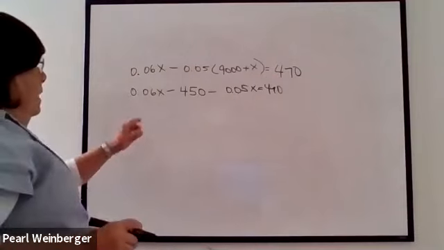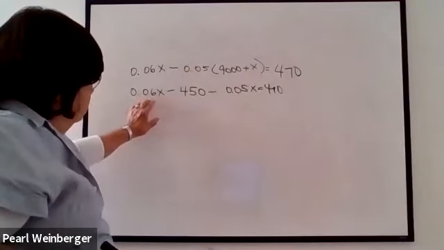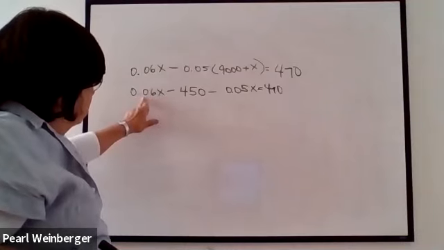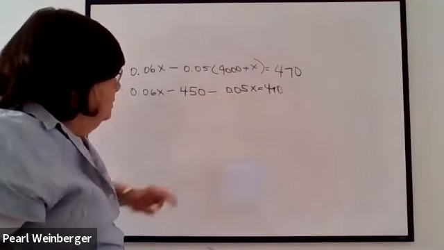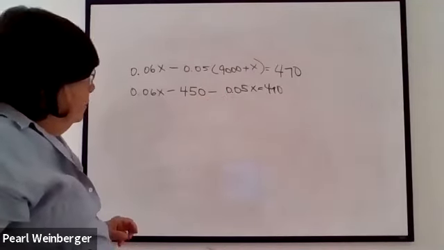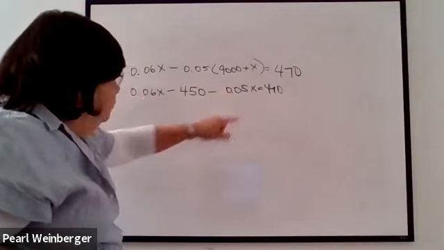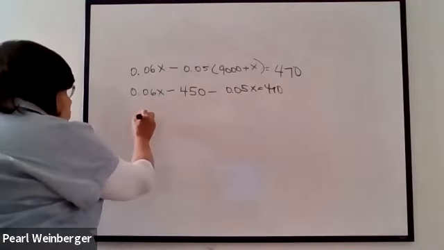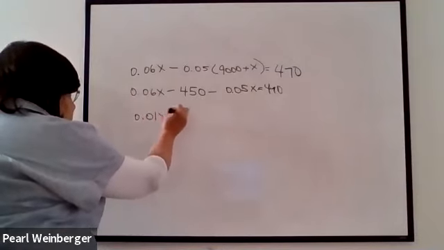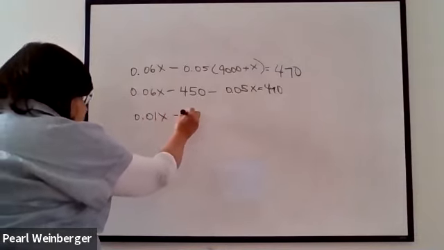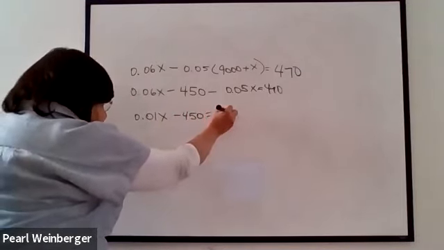Okay. Now we do exactly what we did before. We look to combine like terms, and the like terms in this case are the 0.06x and the minus negative 0.05x. And when I subtract 0.06 minus 0.05, that gives me 0.01x minus 450 equals 470.